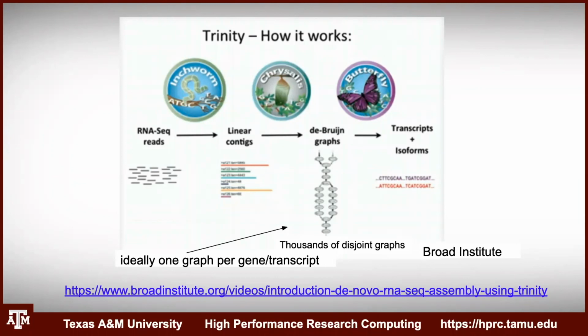Ideally, you'd want one graph per gene or transcript. What you end up with a lot with Trinity is hundreds of thousands of transcripts depending on species, and it's just an overestimate of what's actually there. So if you have the ability to do reference-based, that's the way I'd recommend going.